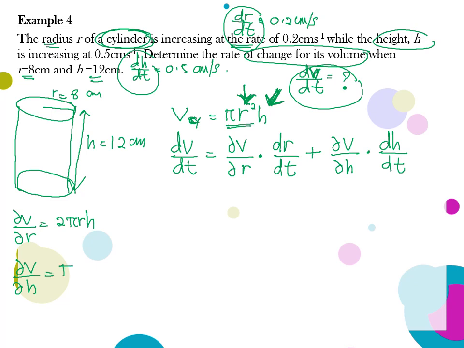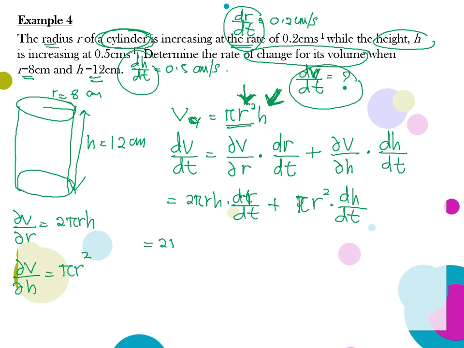That will give you pi R squared. So insert into the formula, you will get 2 pi R H times dr dt plus pi r squared multiplied with dh dt.